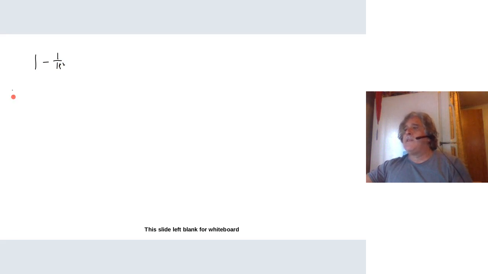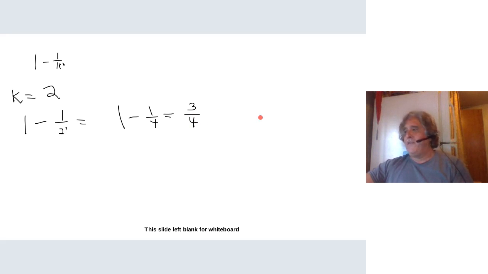Let's just set k equal to 2. So 2 squared is 4. 1 from 4 is 3. Keep the same denominator. So that's the 75%.